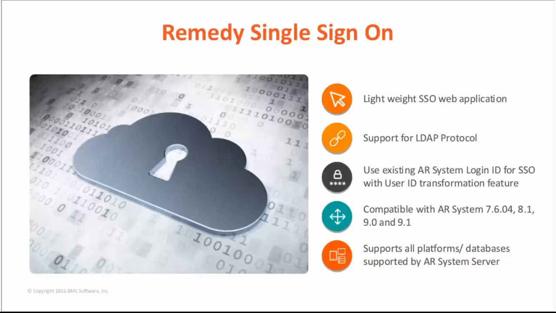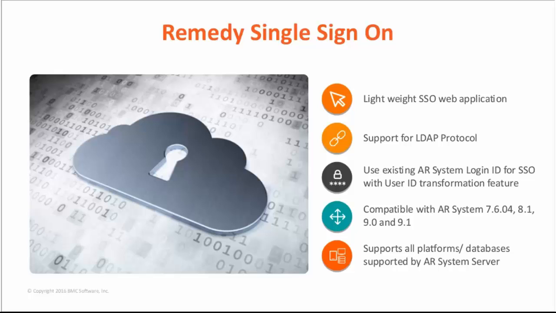Then you can use this feature to correlate these two logins belonging to the same user. This is an expandable framework, so you can have additional logic, like stripping out the email domain name from the complete email ID, using this pluggable framework. So the benefit is you can continue to use SSO using user ID transformation.